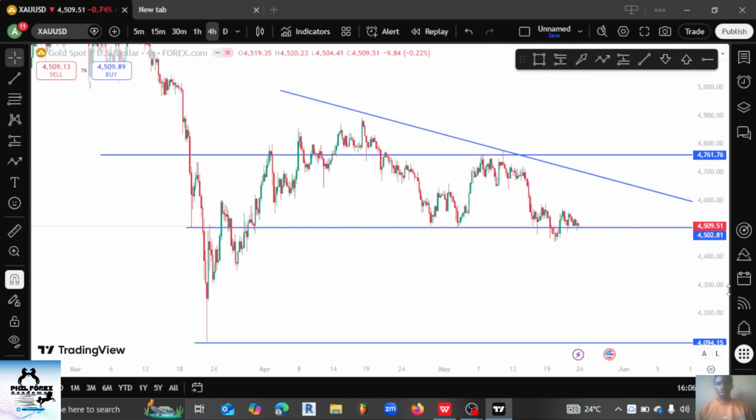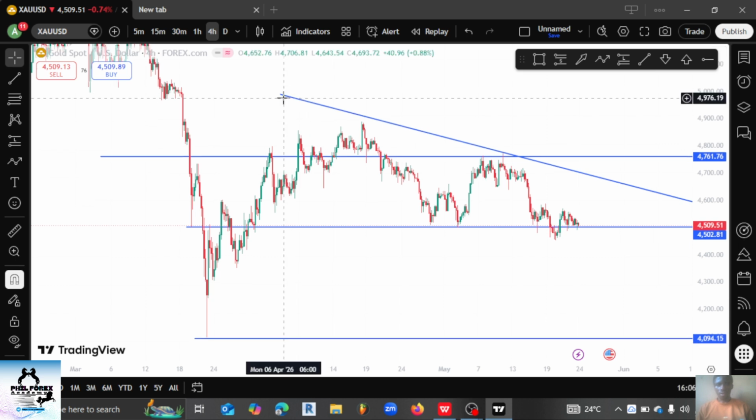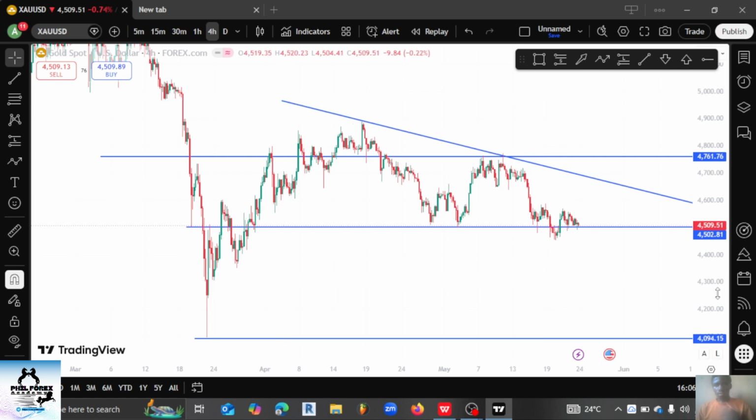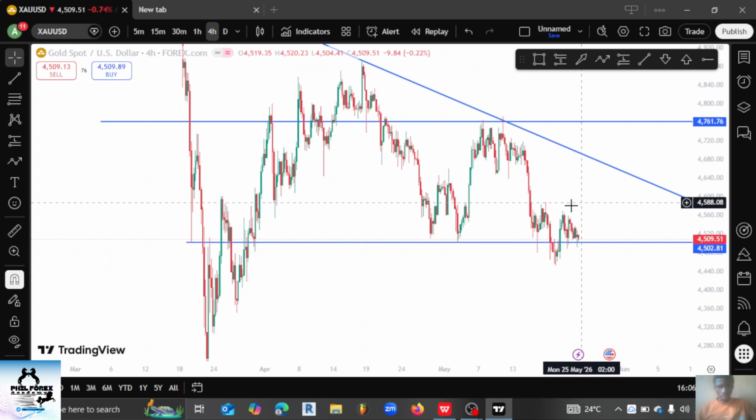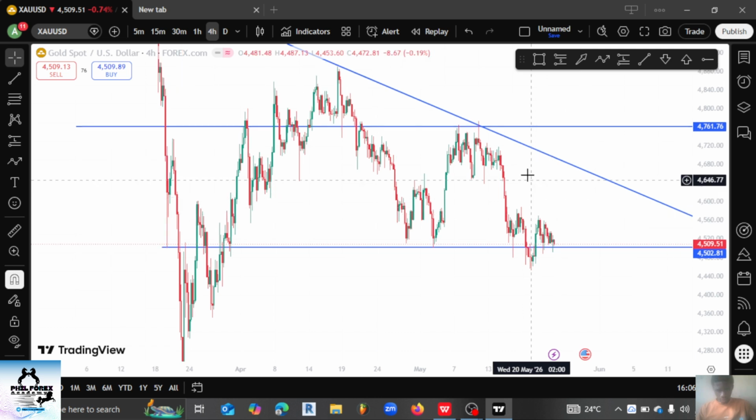Now from the 4-hour time frame, you see this trend line, very strong. If we look from here, what do we see?